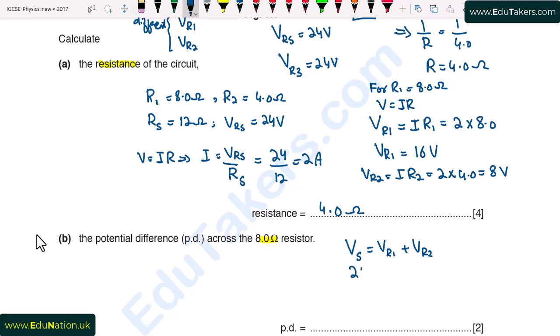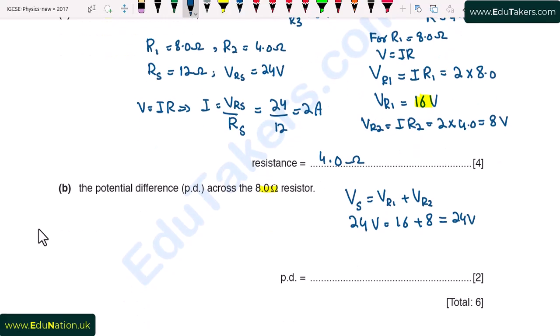I write here, it is 24 volt. VR1 we calculated here is 16 volt and VR2 is 8 volt. So it will be 24 volt. Now we can see that the potential difference is the same. It means that our calculation is correct.